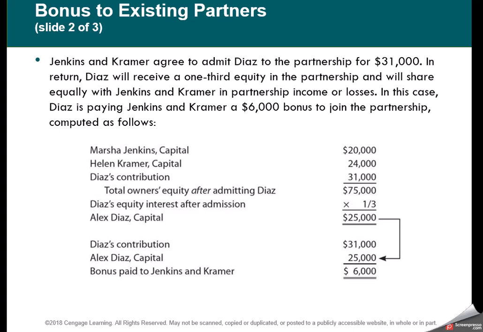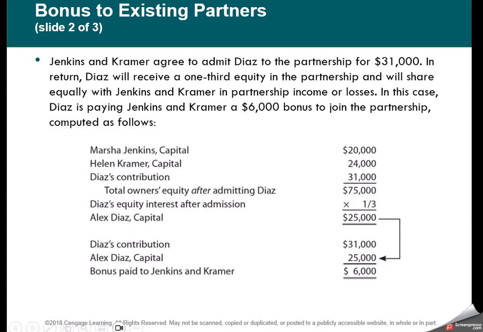And they agree to admit him or her for $31,000. In return, Alex will receive 1/3 equity in the partnership and will share equally in the partnership income or losses. So in this case, Alex is paying Marcia and Helen a $6,000 bonus to join the partnership.